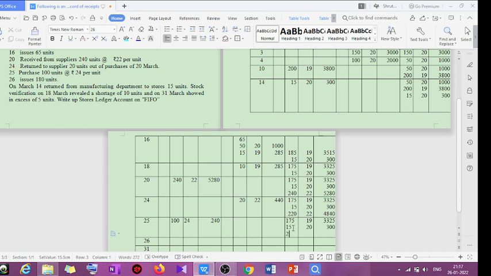We have received it. Okay, here one extra slot will be added, that is 100 units.